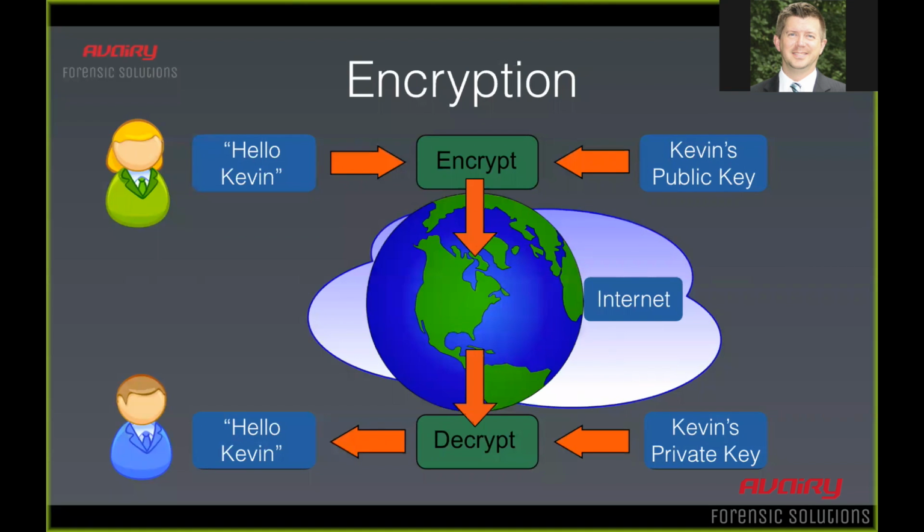Once that is encrypted, it's passed along and sent through. The only way to decrypt this message is to utilize my private key, which only I have. So it's a one-way crypt, right? Only I have the private key. I can then decrypt that message and receive it. And the same works similarly for some of these other devices.